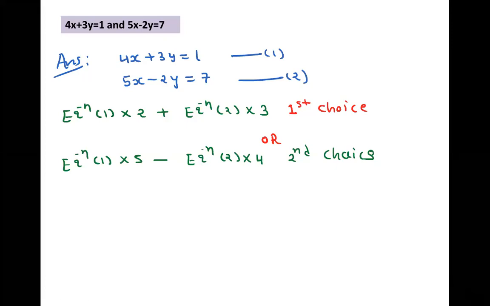Okay, Divya, say x is 6, y is 8. No, Divya, it's wrong. For this question, x is not a 6, y is not a 8. Madam, X is 1 and Y negative 1. Very good. Very good.